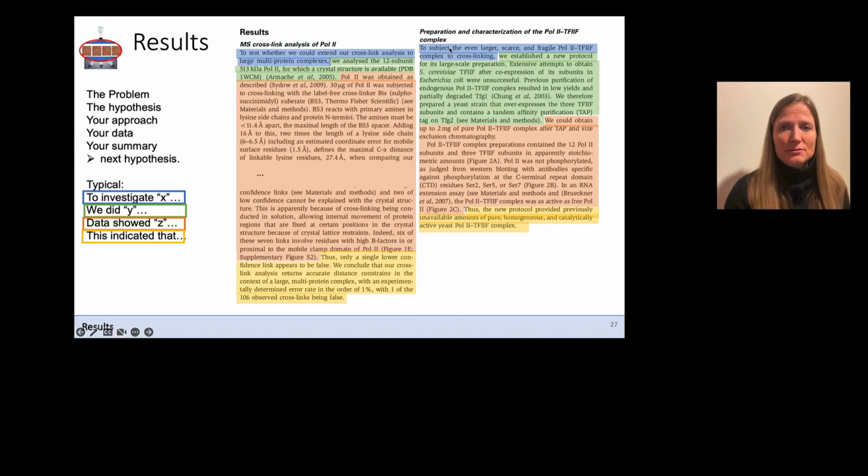The next paragraph again: to do this, we did that. We could obtain this and that. Thus, the new protocol provided previously unavailable amounts of pure, homogeneous and catalytically active yeast polymerized to, etc.